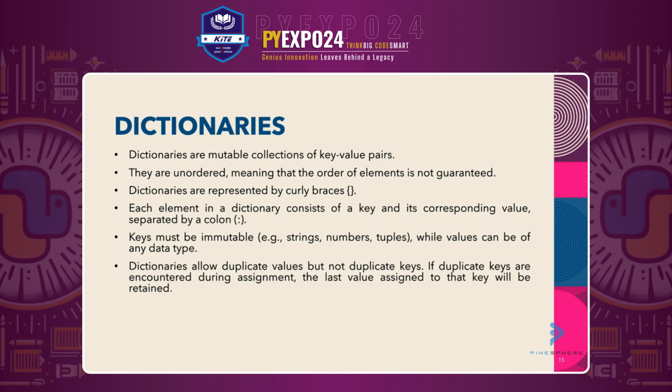Each element in the dictionary contains a key and its corresponding value separated by a colon. Keys in a dictionary must be immutable while values can be of any data type. Keys cannot be changed but values can be changed. Dictionaries allow duplicate values but not duplicate keys.